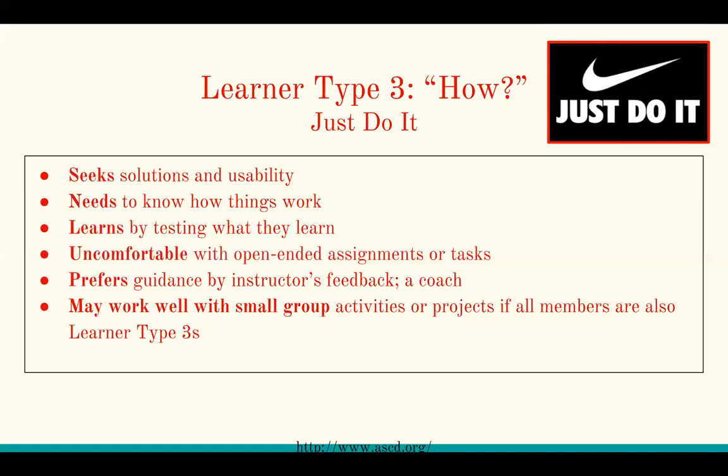Well, learner type 3s are already finished with solving the problem, so they may want to just leave the classroom with a group assignment and go start working already. And so it may feel very difficult for them to slow down, and the problem that they came up with may not be the right answer. So learner type 2s could be really stressed out too because they have an organized way of approaching group work.